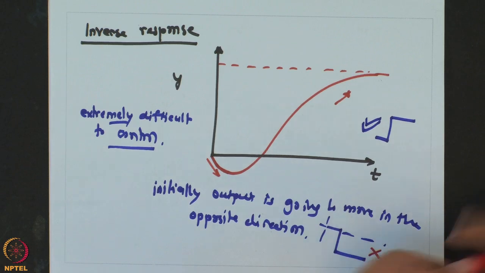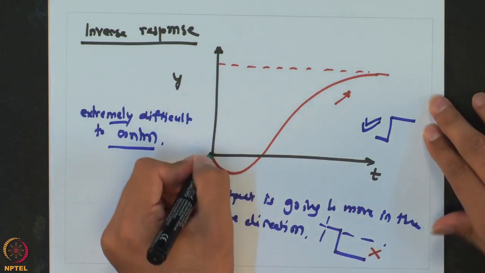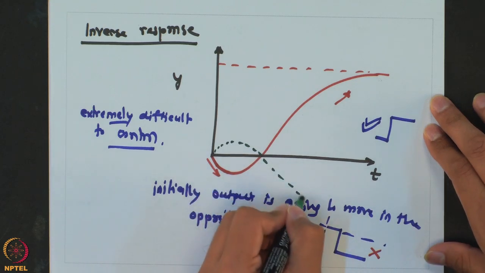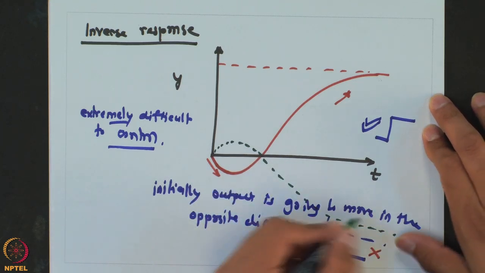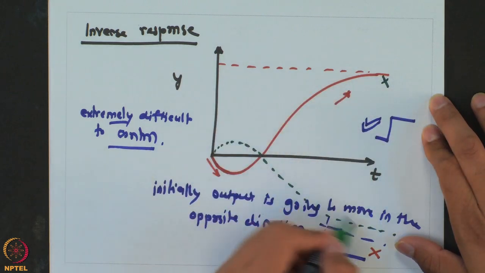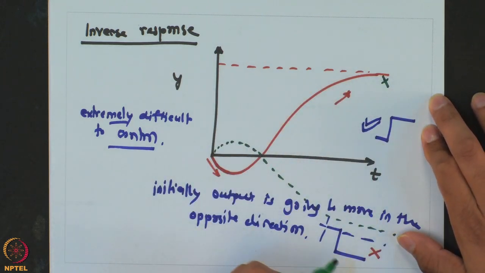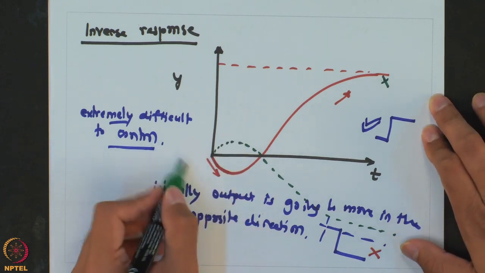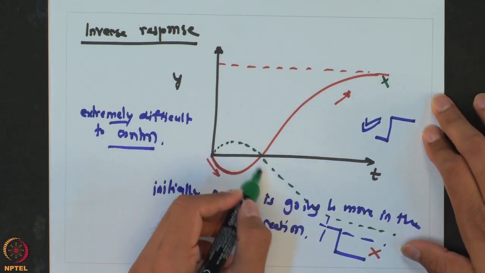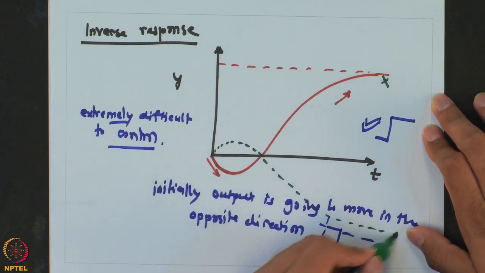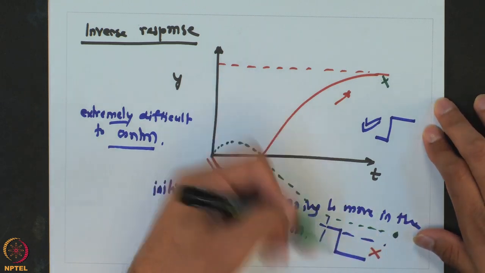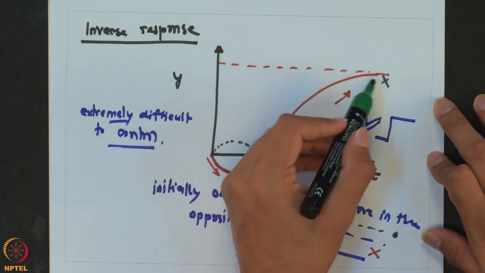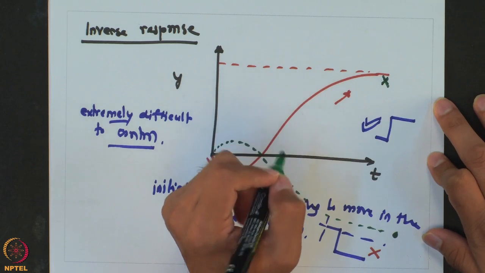The response it is going to lead the system to is the mirror image of this, and the system will never be able to reach this particular point, it will go in the opposite direction. So, what happens is every time the controller will try to make an exactly opposite move, and the system will either end up at this point or it will keep on oscillating between the operating points, and the system will never be able to reach this particular final output point.